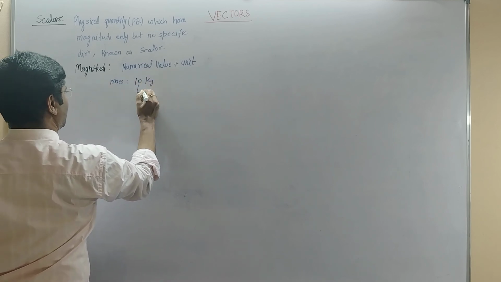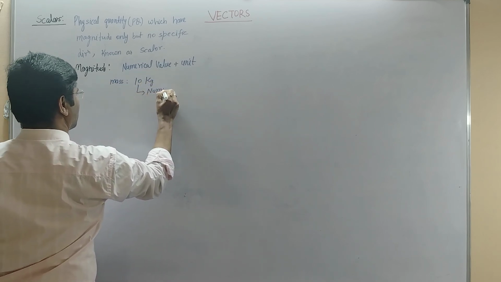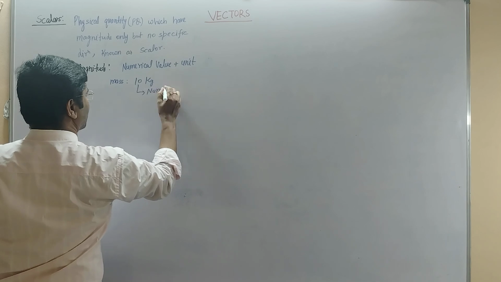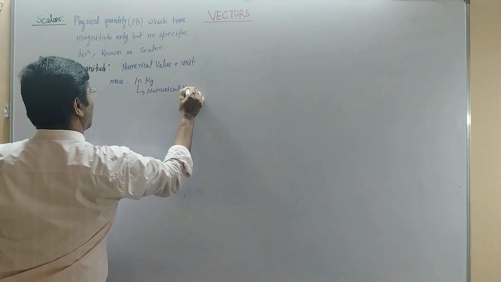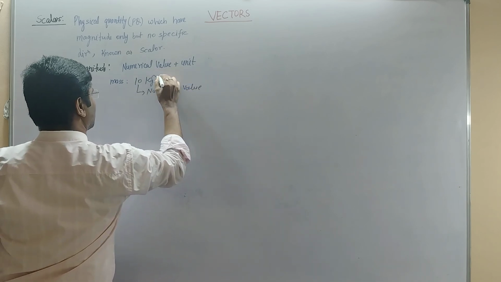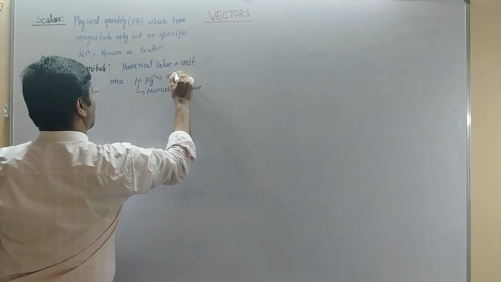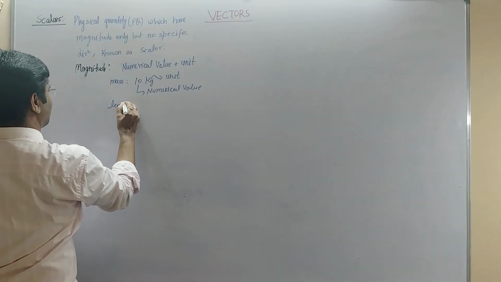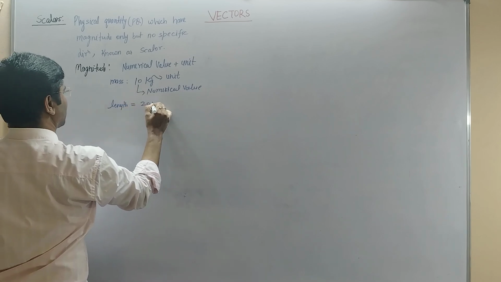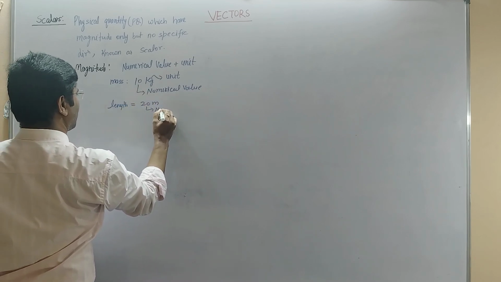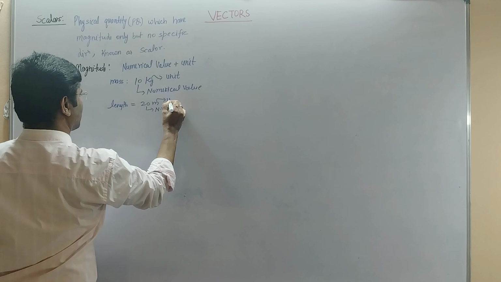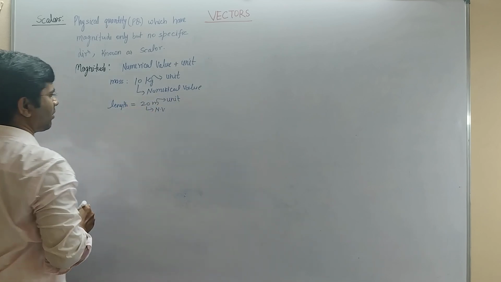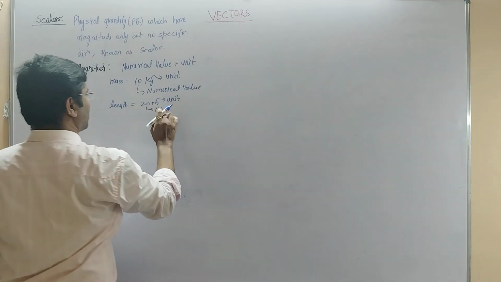So this 10 is numerical value, and this kg is unit. So there will be numerical value and unit. Like length, say certain length I am saying 20 meter. So this is again numerical value, this is unit.